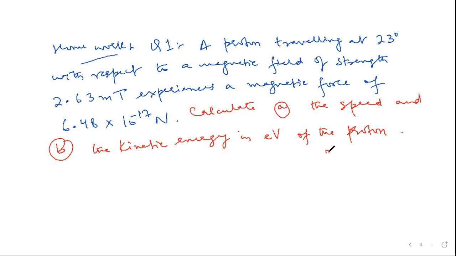Remember, electron volt is a unit of energy. An electron volt is 1.602 into 10 raised power minus 19 joule. Also, 1 millitesla, Tesla is the SI unit of magnetic field, is 10 raised power minus 3 Tesla, right?